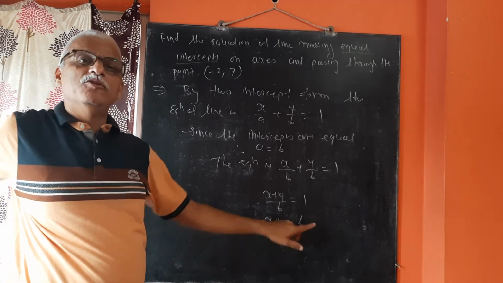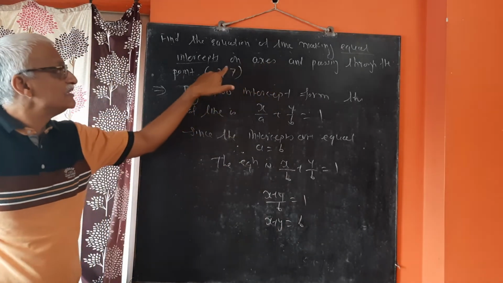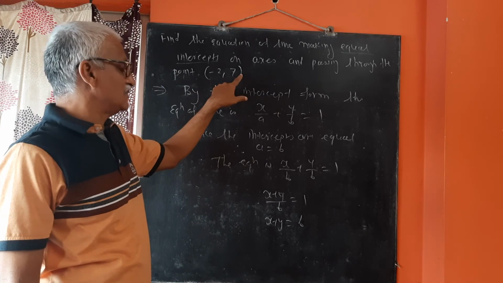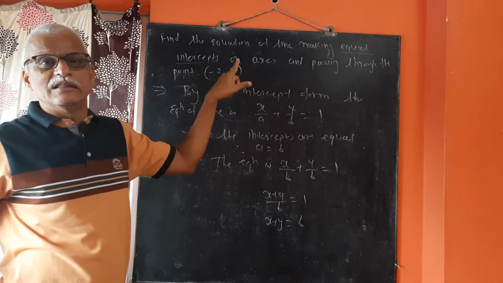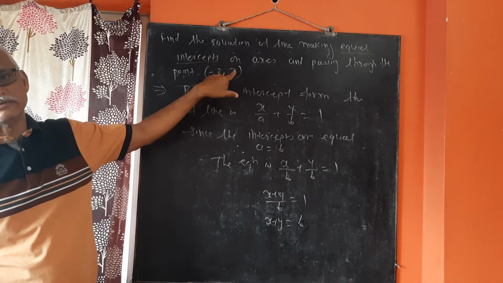Now we have to get the value of b. To find out the value of b, the second condition is given. The line is passing through the point minus 2 and 7. That means the value of x is minus 2 and the value of y is 7.